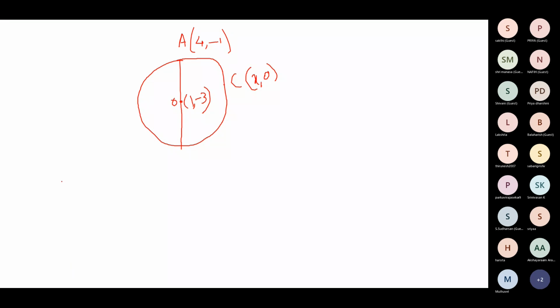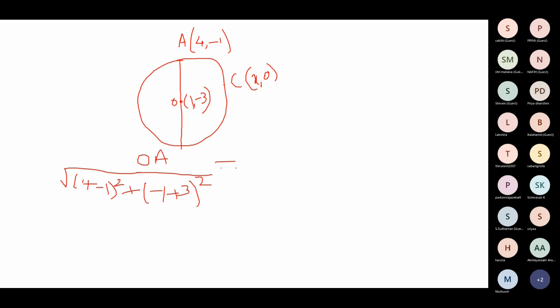Children, OA is equal to OC. OA is given by root of 4 minus 1 the whole square plus minus 1 plus 3 the whole square. This is OA.